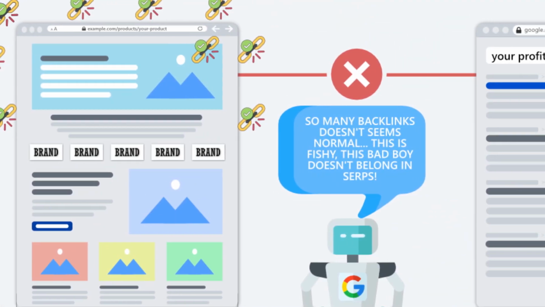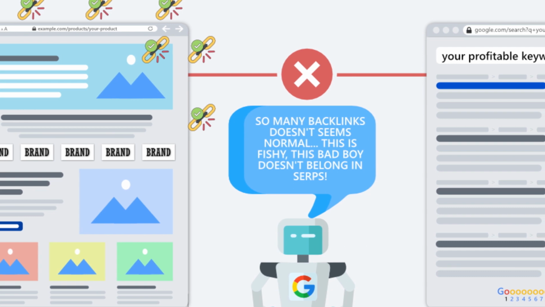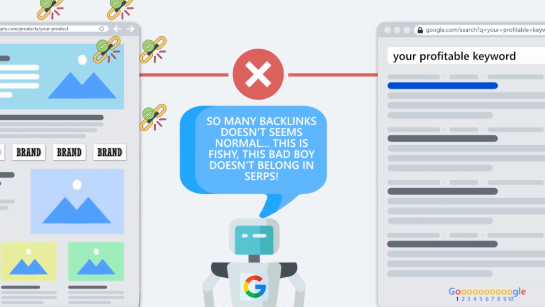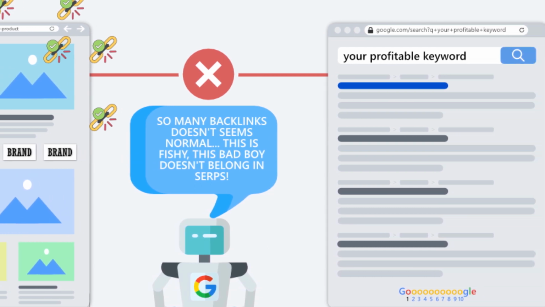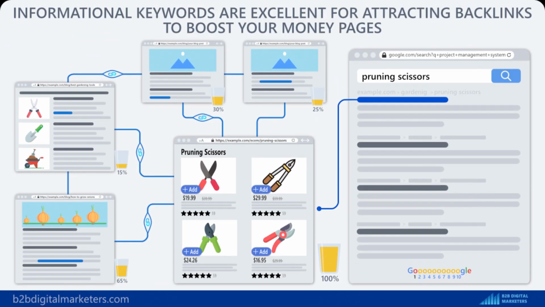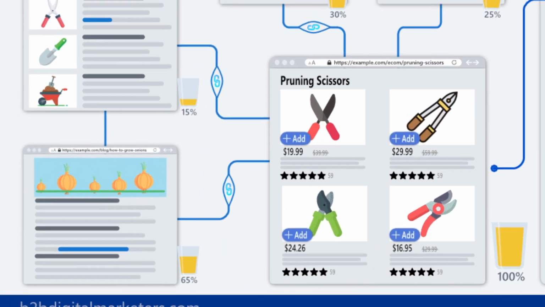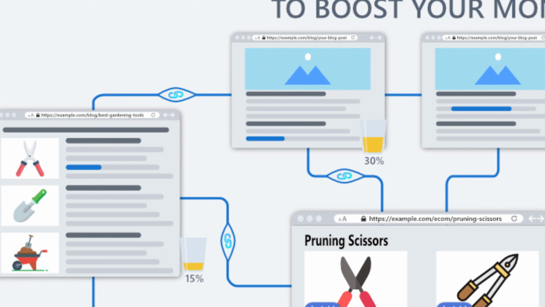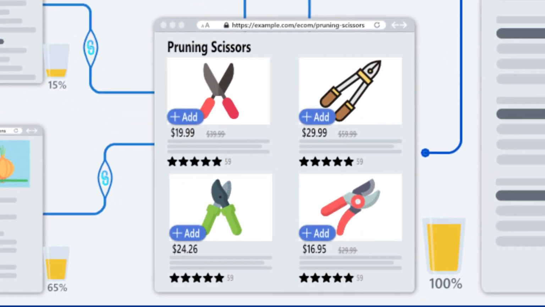And a good link building strategy is not just about linking to your homepage or product pages. In fact, doing that excessively can lead to penalties. So the goal is to have a diverse set of content like blog posts and informational articles, which can earn high quality backlinks and then pass the link juice to your money pages.